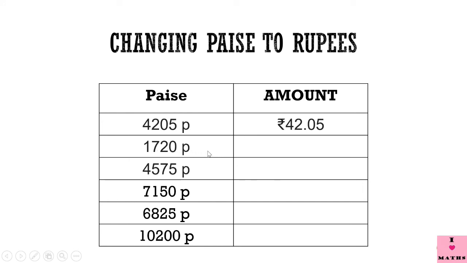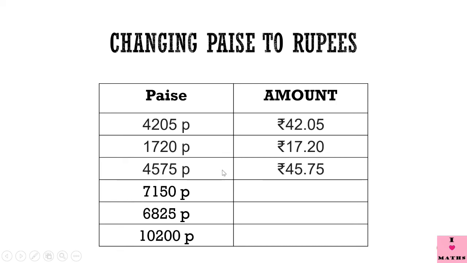1,720 paise. We will put a point here, beta, after ones and tens place. We will put a point here. It will be rupees 17 and 20 paise. 4,575 paise. We will put a point after two digits. We will put a point here, beta.